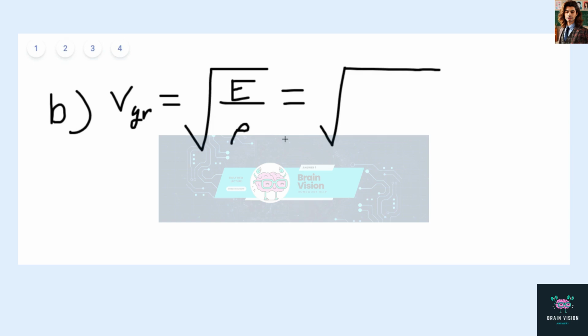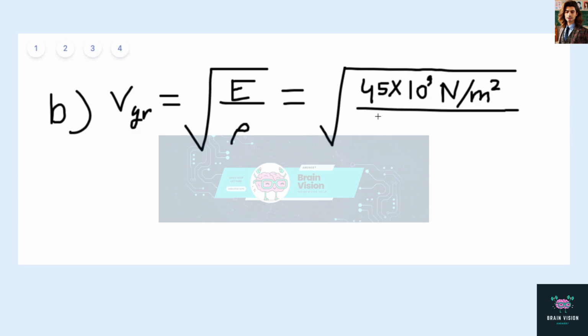From those tables, 9-1 and 10-1, for granite we have 45 times 10 to the 9 newtons per square meter over its density, which is 2,700 kilograms per cubic meter.